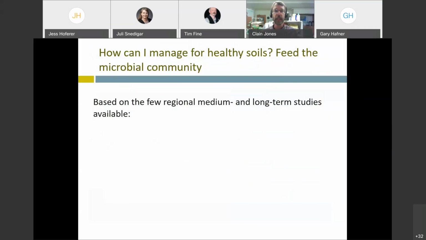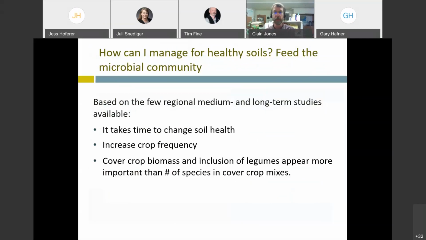So how can you manage for healthy soils? First, feed the microbial community. Based on a number of medium and long-term studies, we recognize that it takes a lot of time to change soil health. But increasing cropping frequency almost always helps soil health.